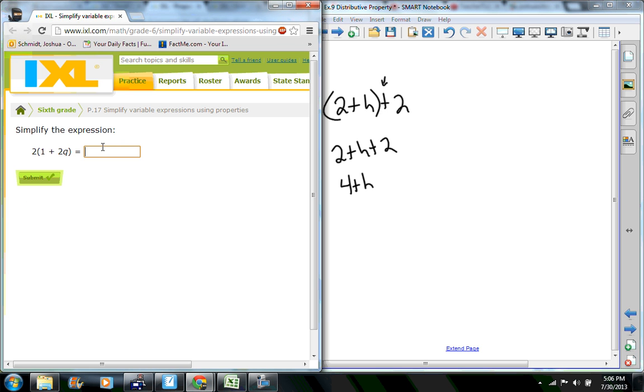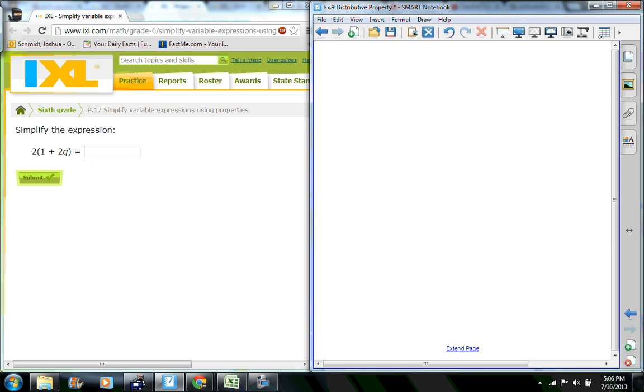Yep. So then for this one here, we have 2 parentheses, 1 plus 2q. Well, this one we don't have the addition sign mixed in, and we do have 2 pieces in the middle.